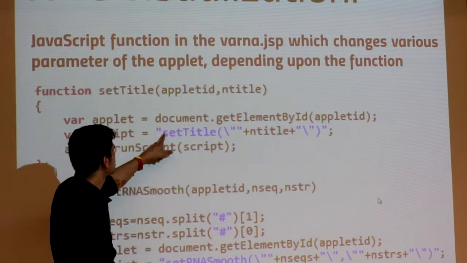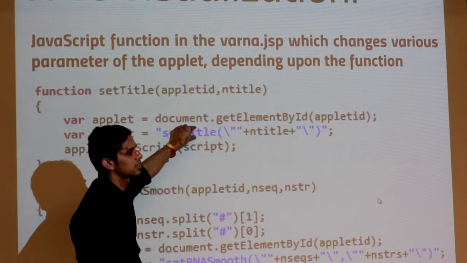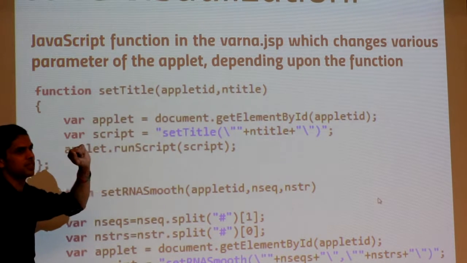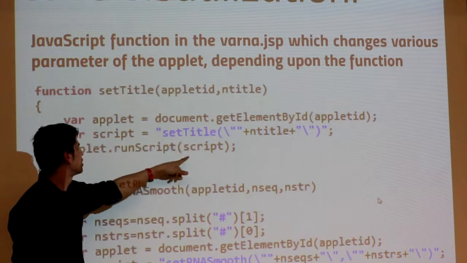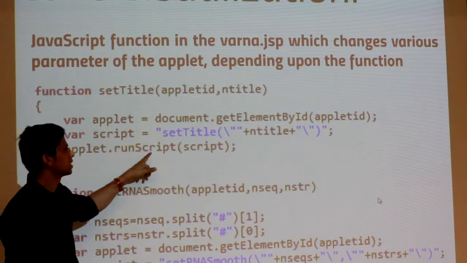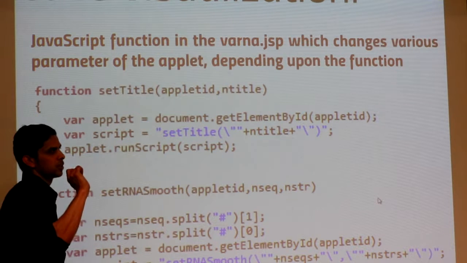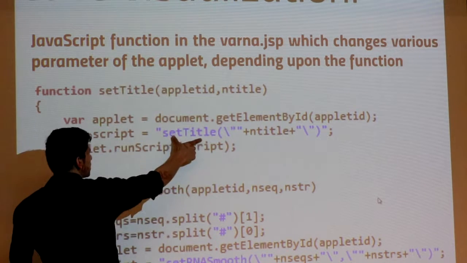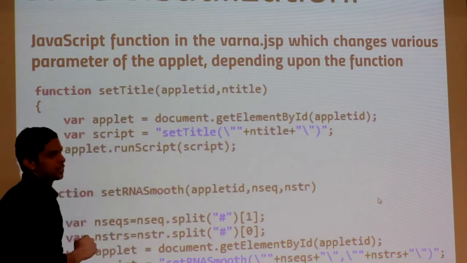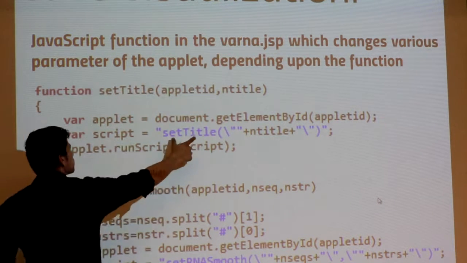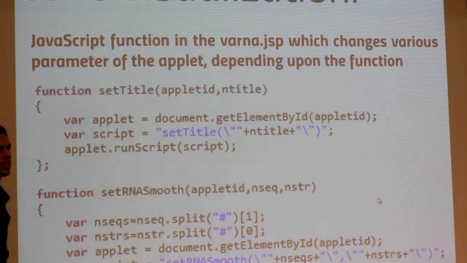It creates a script, set title, because that is a function inside the VARNA application itself. applet.runScript will run the script inside the application. If you look at the source of the application, you will find this function inside there, so you can make changes inside this function that will eventually make the change.